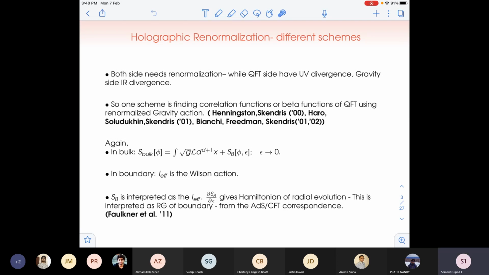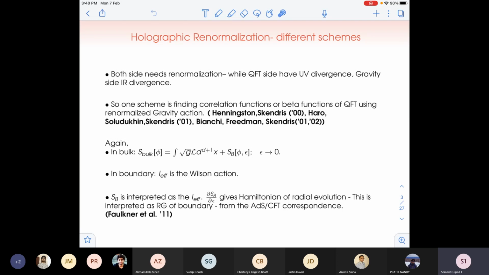This work was done by Henningson, Skenderis, de Haro, Solodukhin, then Bianchi, Freedman, Skenderis in 2000 to 2001. And a clearer picture of how to relate the Wilsonian picture of bulk and boundary came in 2011 in the paper by Liu, Rangamani and Faulkner.